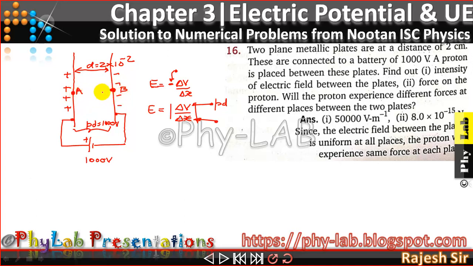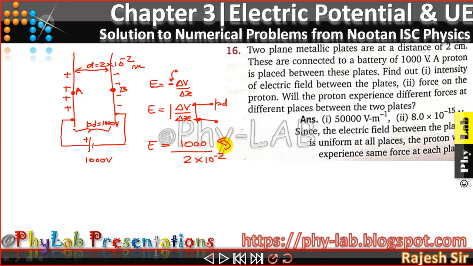So what is the potential difference between these 2 points, friends? That happens to be 1000 volt. And what is the distance between these 2 points, friends? That happens to be 2 into 10 to the power of minus 2 meter. So what will be the electric field developed between these two plates, or these 2 points? That is delta V, the potential difference being 1000, divided by 2 into 10 to the power of minus 2.